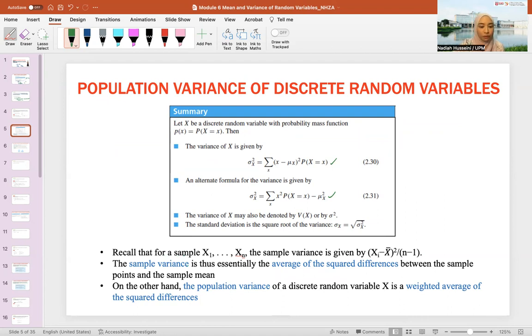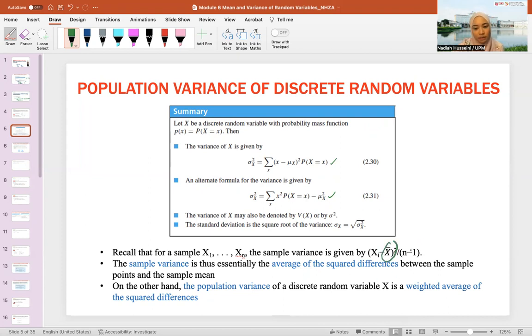Recall that for a sample x1, x2, x3 up to xn, the sample variance is given by the sum of x minus the mean, squared, over n minus 1. We talked about this in the first or second lecture early on in the course.